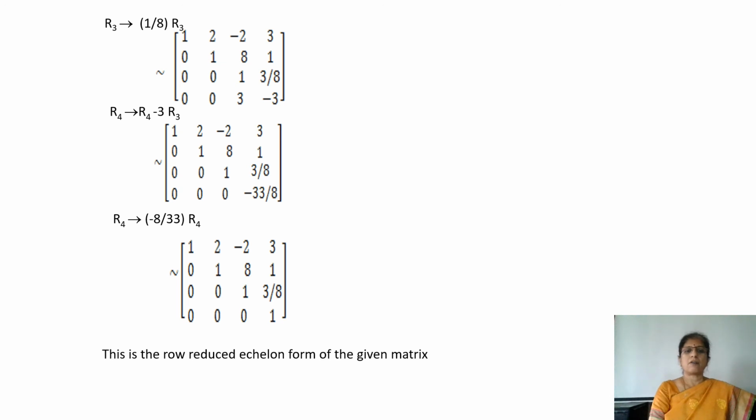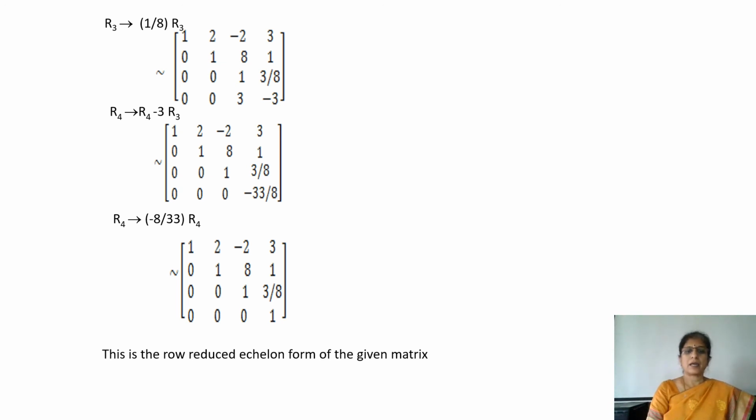So now our purpose is to make the leading element of the fourth row as 1. By changing R4 to minus 8 by 33 into R4, we can obtain the matrix 1, 2, minus 2, 3, 0, 1, 8, 1, 0, 0, 1, 3 by 8, 0, 0, 0, 1.